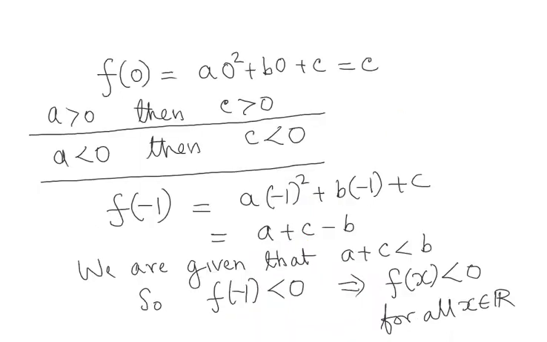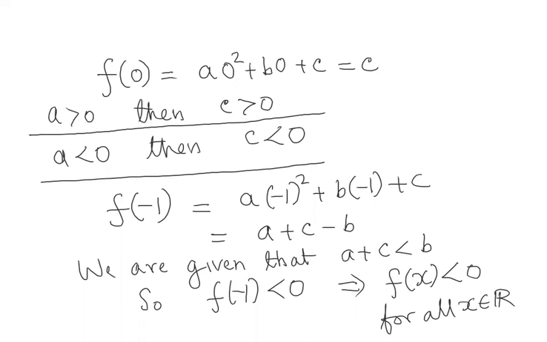After that, we notice the value of f(−1). Now, f(−1) is nothing but a + c − b, and we have been told that a + c is less than b. So f(−1) is less than 0, as a + c − b is less than 0.